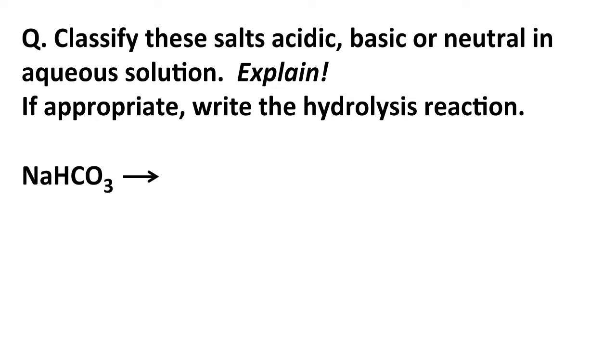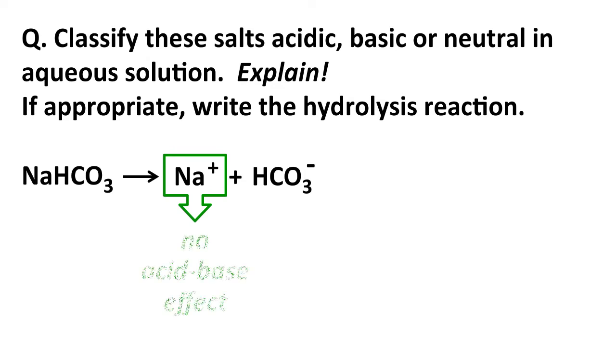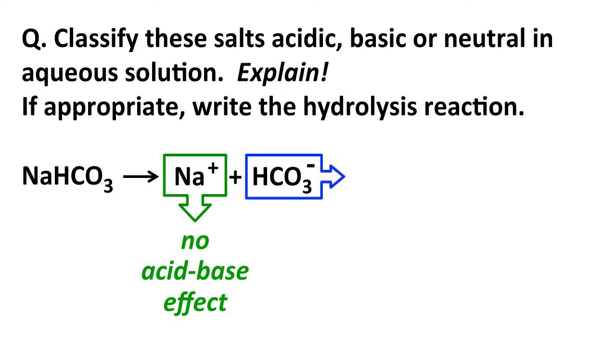NaHCO3, sodium bicarbonate, is an ionic compound that in aqueous solution dissociates into the sodium ion and the bicarbonate ion, HCO3 minus. As we saw previously, Na plus has no acid-base effect, too small a charge. HCO3 minus could potentially function as a base because it's the conjugate base of H2CO3, carbonic acid.